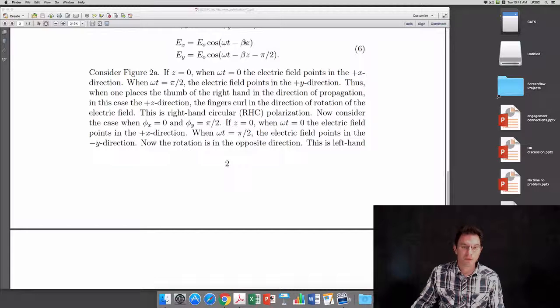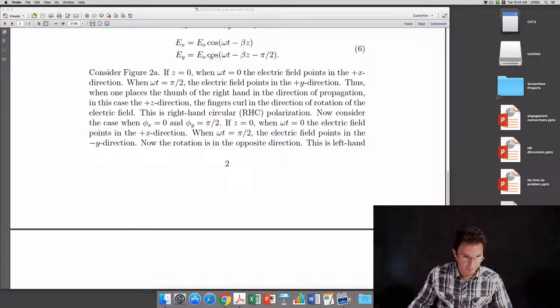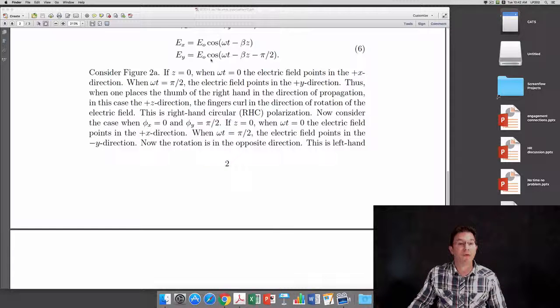Well, if z equals 0, these terms fall out here, and if omega t is equal to 0, we have cosine of 0 here, that's 1. And here we have cosine of minus pi over 2, which is equal to 0 for the y component. So the x component is 1, the y component is 0, when omega t is equal to 0.